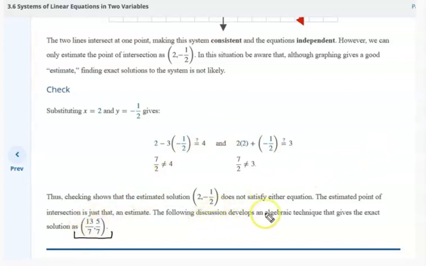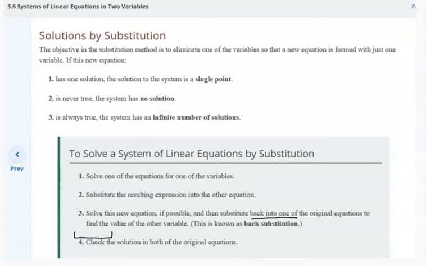So they're suggesting we're going to do it algebraically, and we will show you that shortly. Now, one method is to solve by substitution, and we will show you this here in our next slide. They give you the protocol for doing it, and we'll be doing some of this as classwork as well.